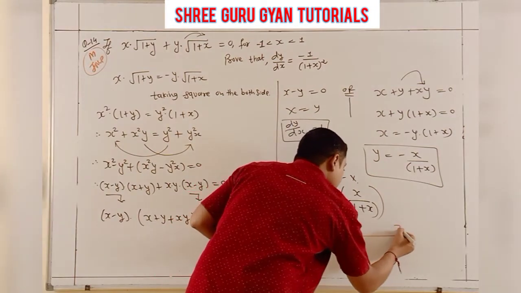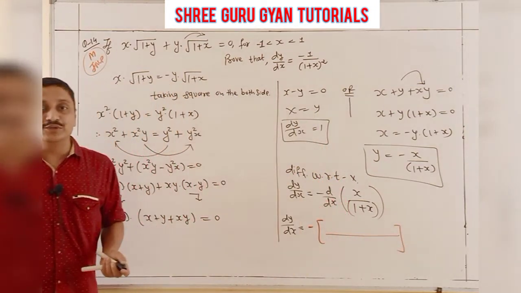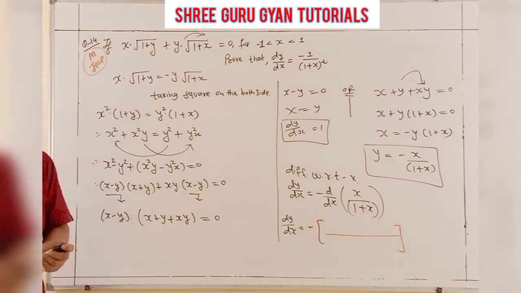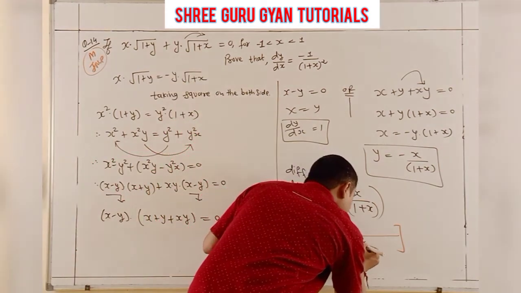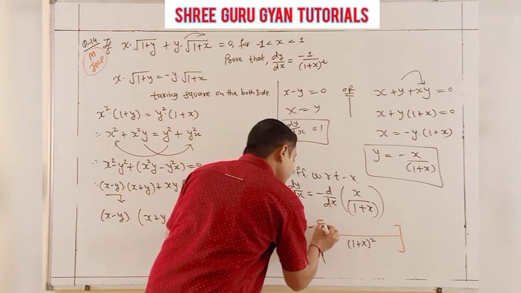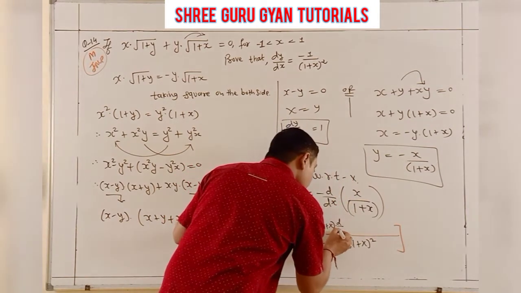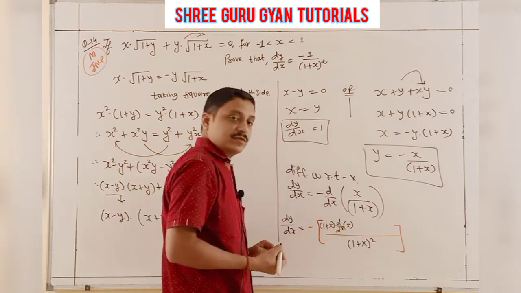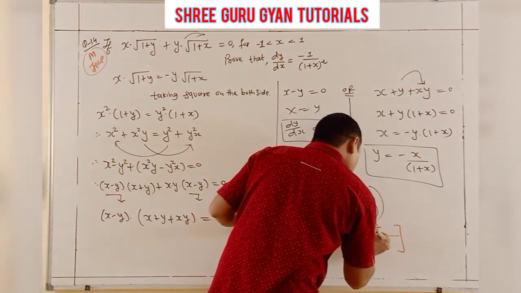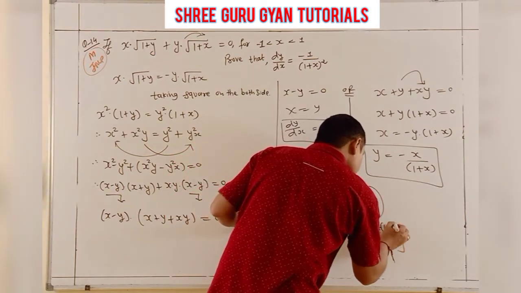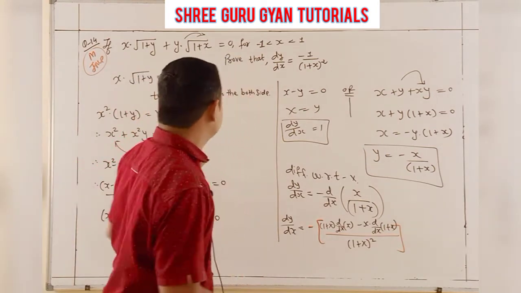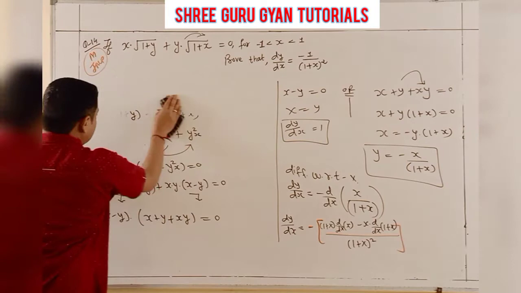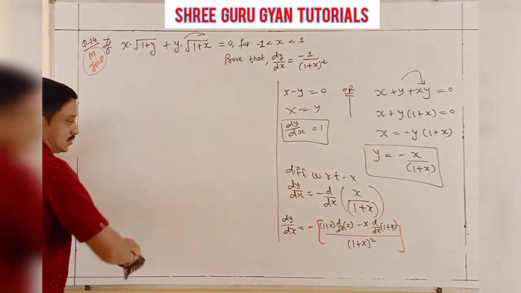And here applying our division values. So it is a division rule. Denominator square, then denominator d/dx of numerator minus numerator d/dx of denominator. And here expansion, sure students, you get your final answer.